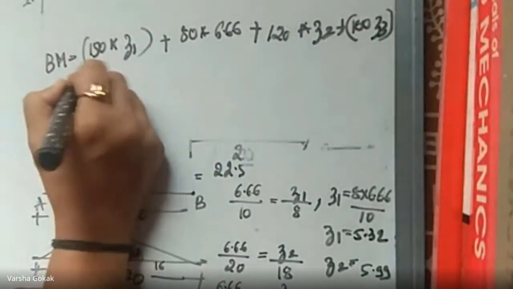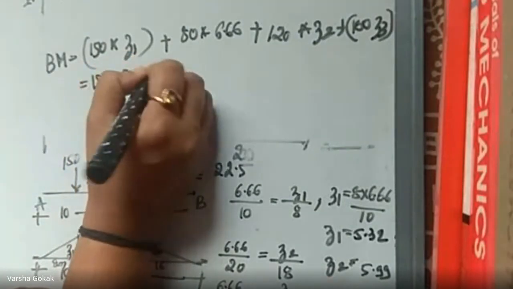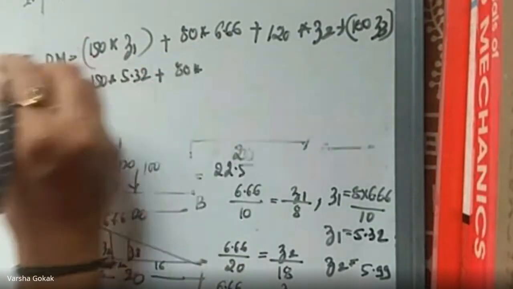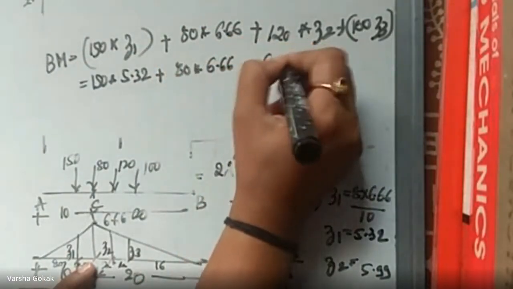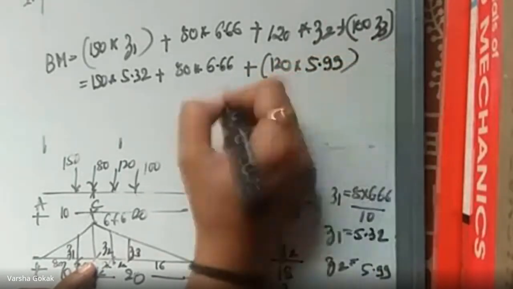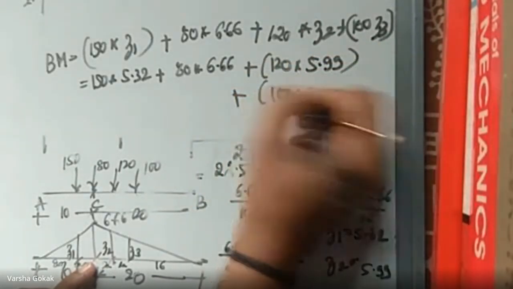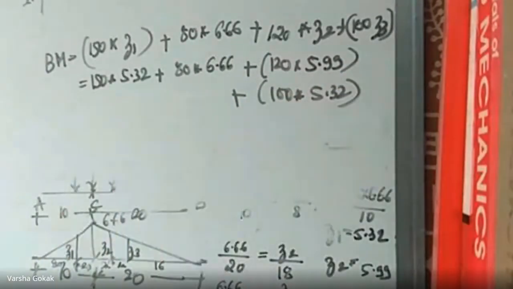Correct? Substitute. 150 into Z1 is 5.32, 80 into 6.66, 120 into 5.99, and 100 into Z3 is 5.32. Calculate and tell me the value, please.